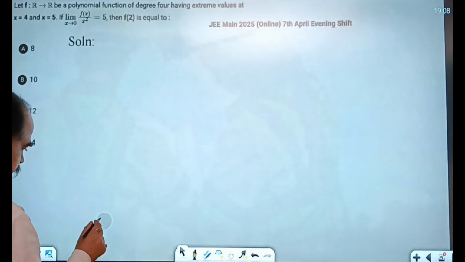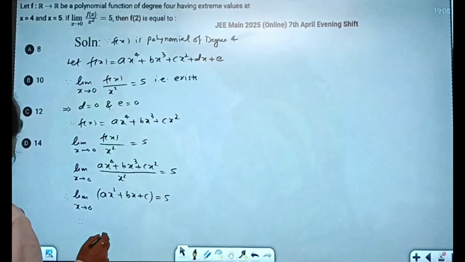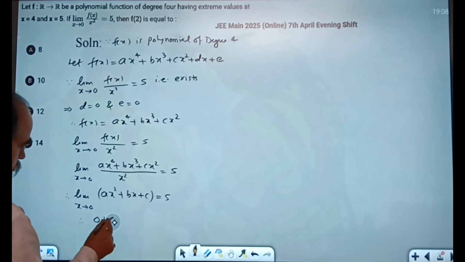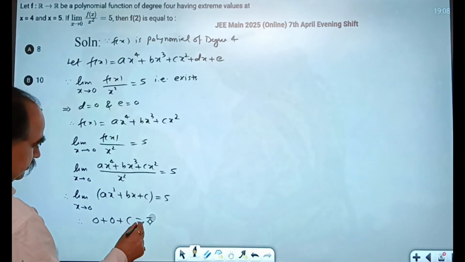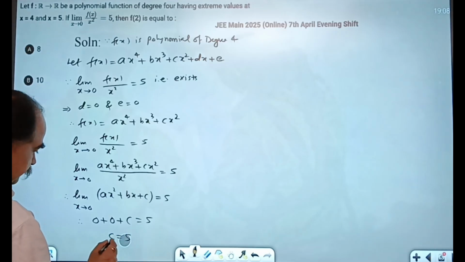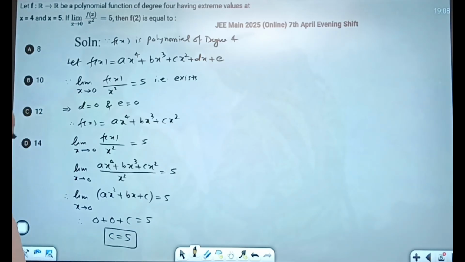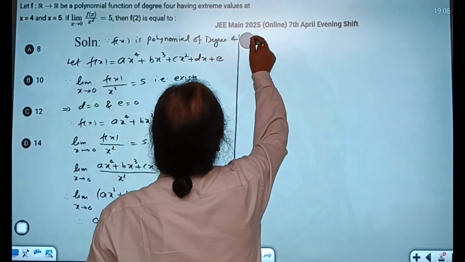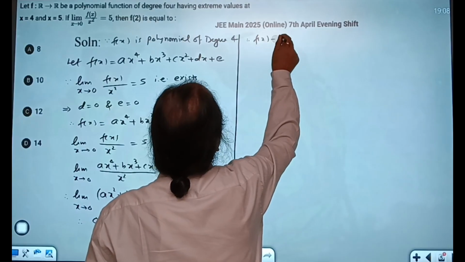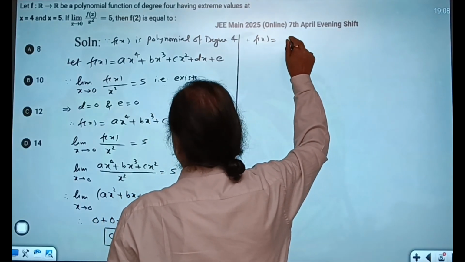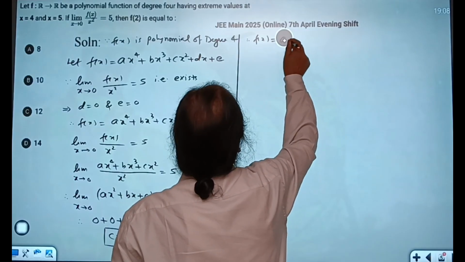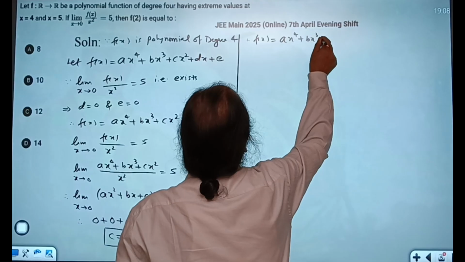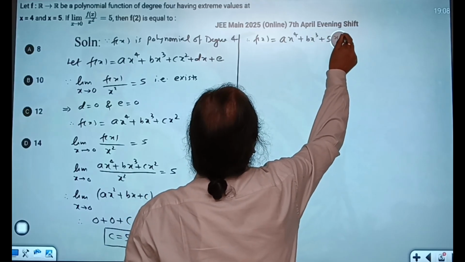Therefore, 0 plus 0 plus c is equal to 5, so c will be 5. So f(x) will become ax raised to 4 plus bx cube plus 5x square.